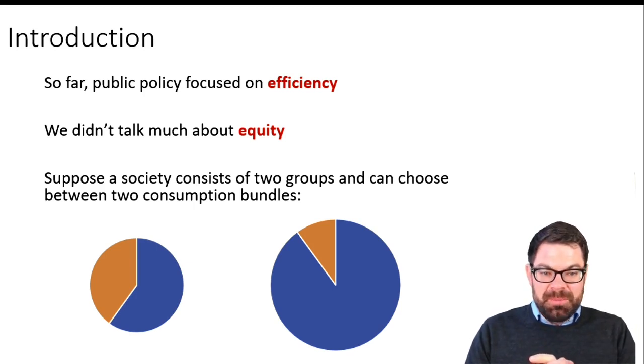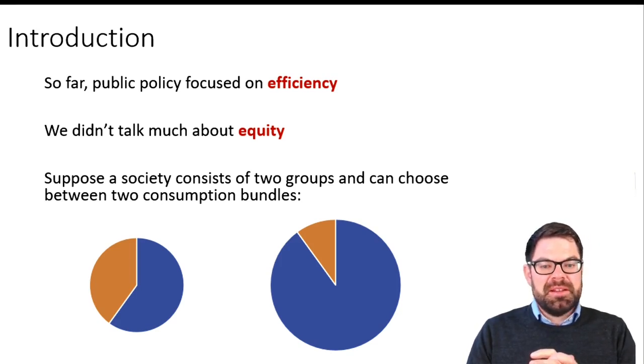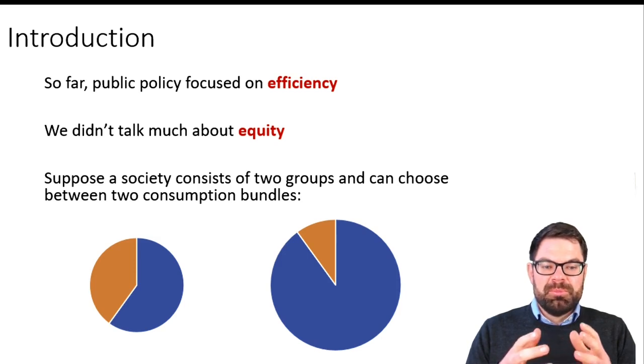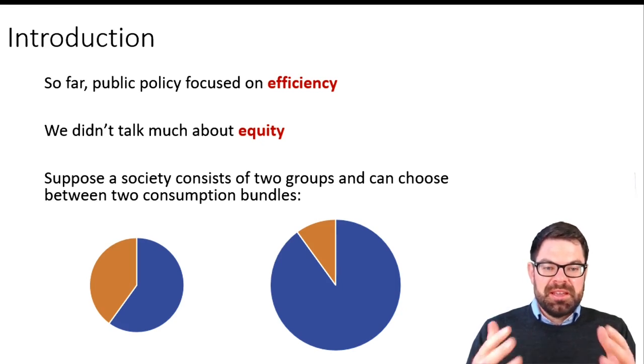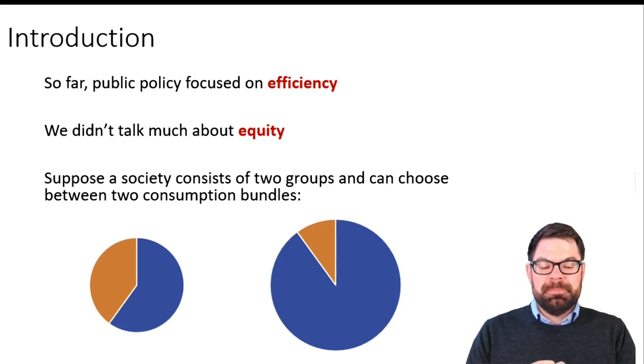There are obviously obstacles to that, and we learned two of them, namely public goods and externalities, that often bring us into this world where markets do not deliver an efficient outcome, and government interventions actually can improve efficiency.